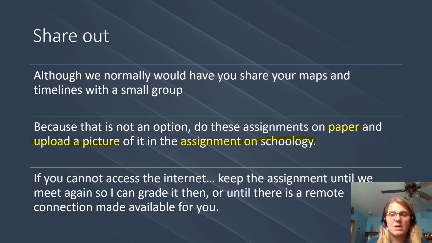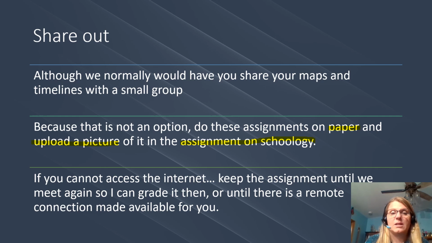I know there's some talk about there being some remote connections made available for you later, whether somebody comes by with something or they expect you to go into the school parking lot in order to do things. But keep it around and keep track of it because I am going to be grading it.